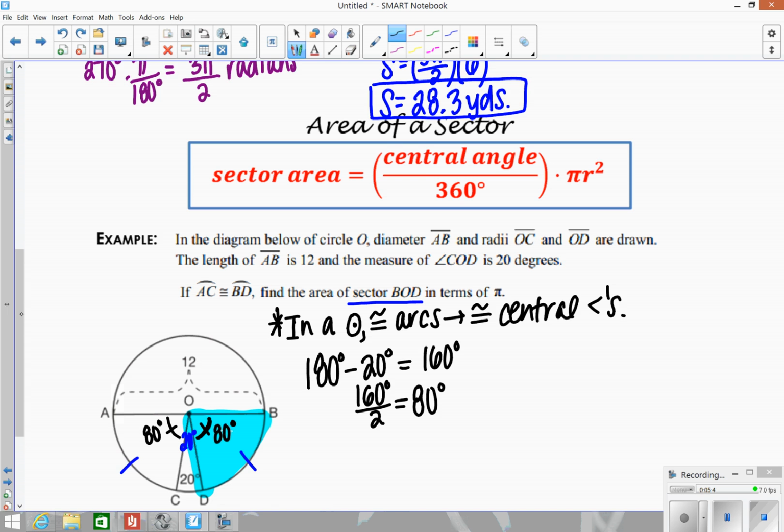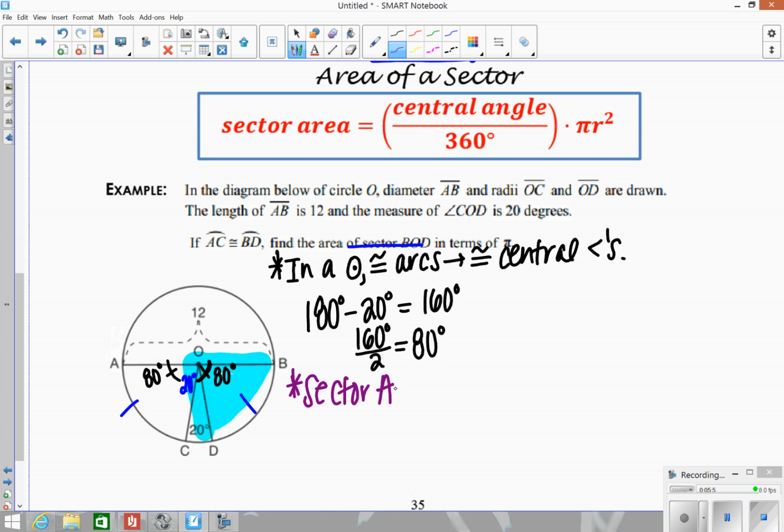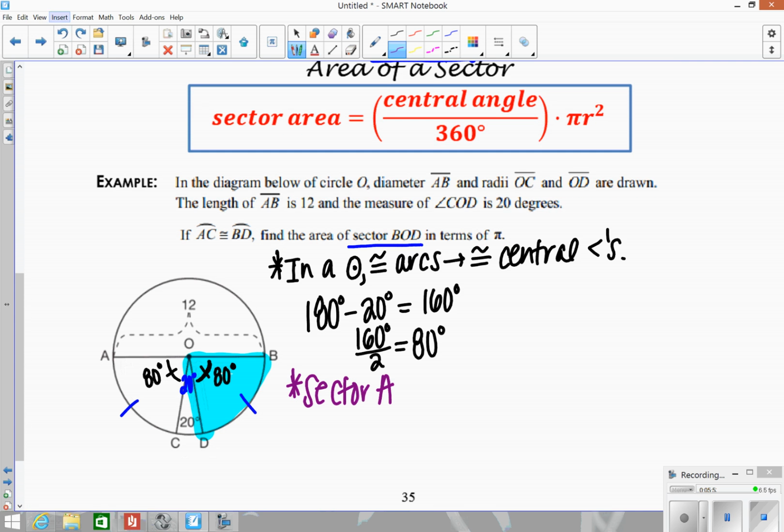From there, I can go ahead and use the formula. The next step is my sector area, and that's just going to be using this formula. It's going to be the central angle you have, so 80 degrees. The central angle has to be in degrees here since you're dividing by 360, so you might want to make note of that.